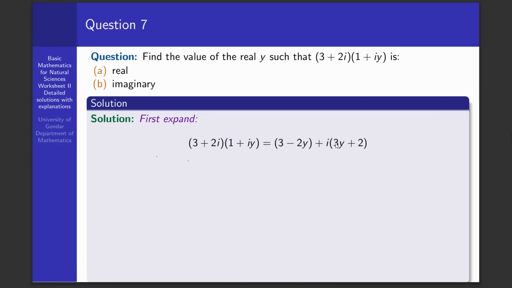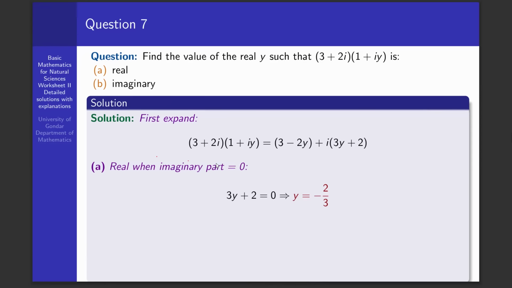So to make this one real, we have to make the imaginary part 0. The imaginary part 3y plus 2 is equal to 0, so y is equal to minus 2 over 3.